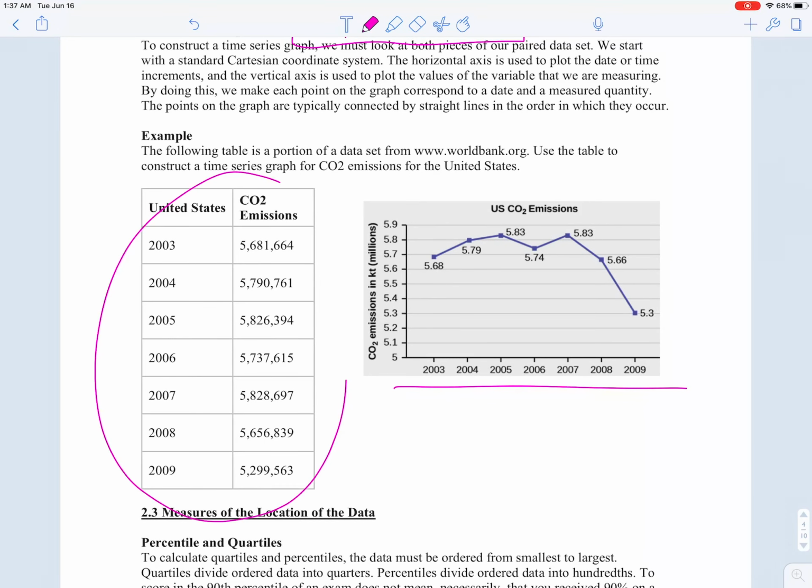All right, so that's what you would do here. So here's your years and your data, and you can plot it just like that. These are not that hard to do. Time series graphs, most of the time what you're going to see those in is the stock market, right? When the stocks go up and down over time, that's where you see these in real life.